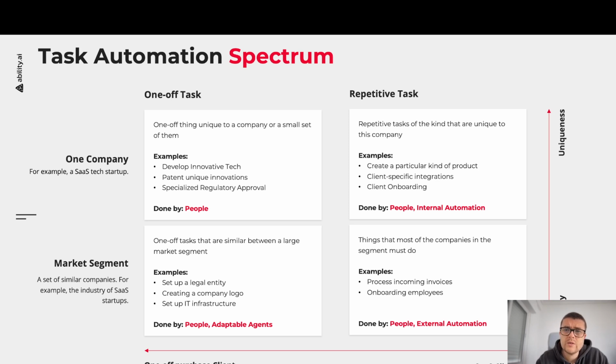As you can see on the right, this spectrum between one company and the market segment, whether it's repetitive or one-off tasks, is basically the difference between the uniqueness of the company and the efficiency of the company.